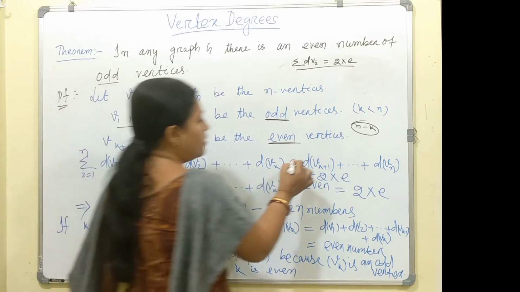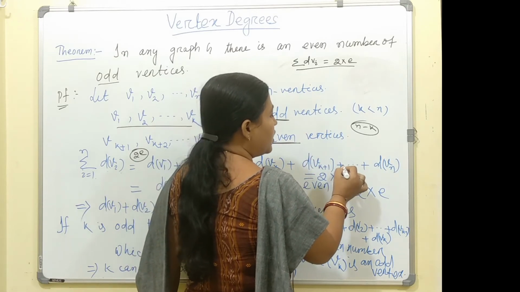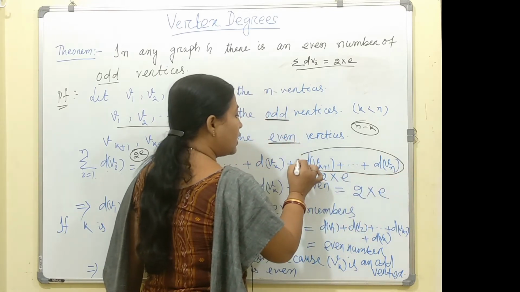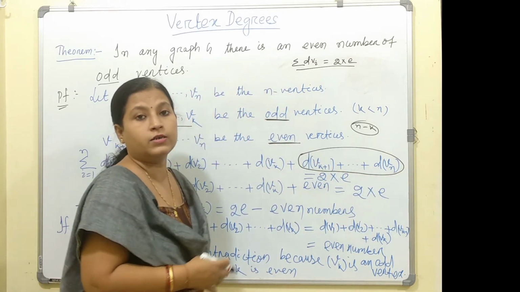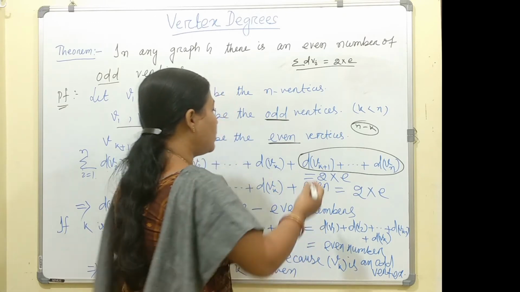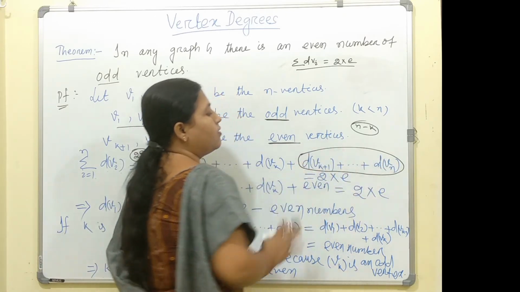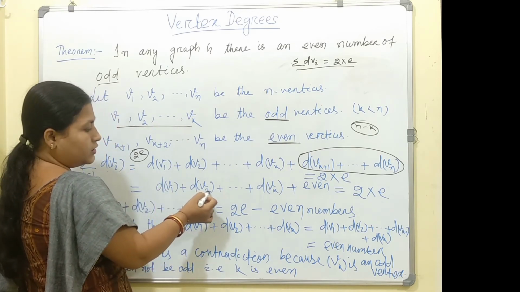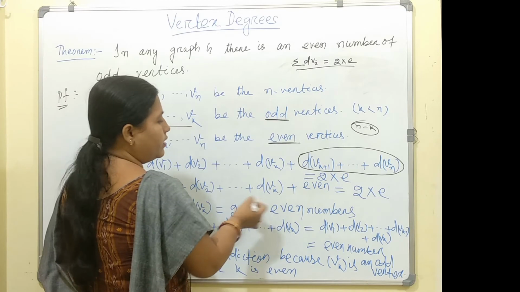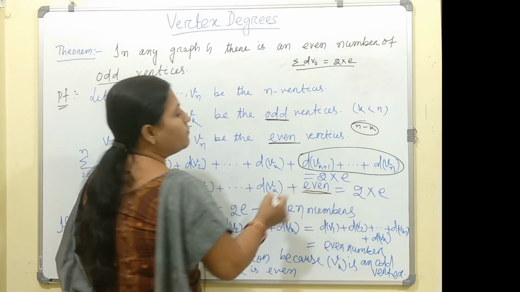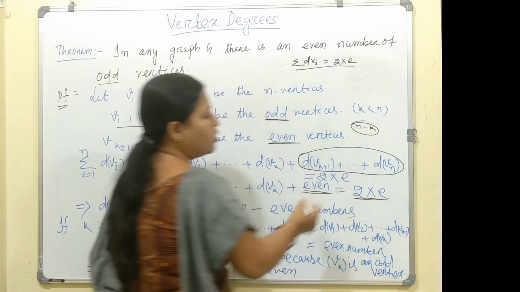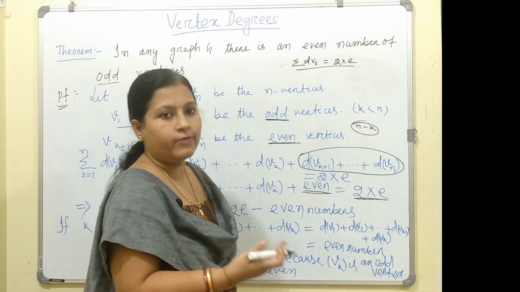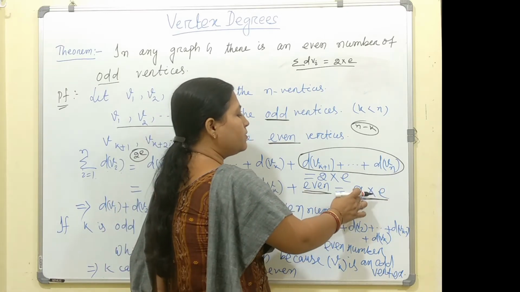Here degree of vk plus 1 up to degree of vn are even numbers, and the addition of even numbers is an even number, so this is an even number. So degree of v1 plus degree of v2 plus up to degree of vk plus an even number is equal to 2 times the number of edges. Here 2 times the number of edges is an even number because e is multiplied with 2.